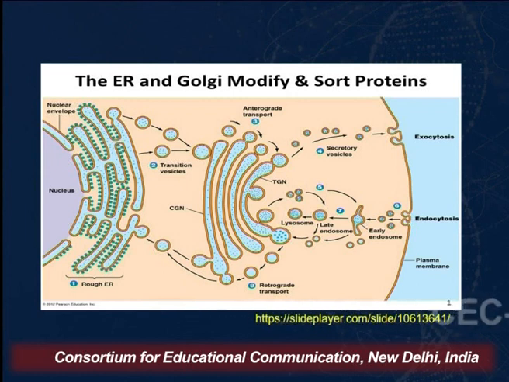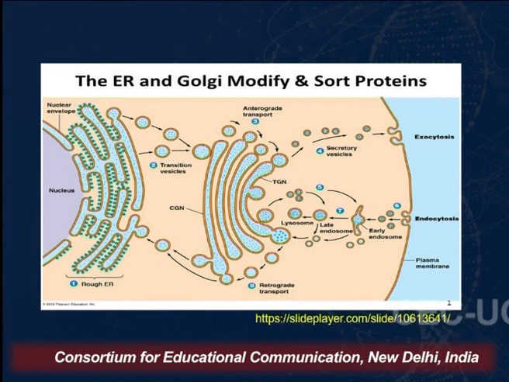Then the sorting takes place. Proteins can be enzymes, signaling molecules, or receptors present on the surface of the cell. So depending upon what kind of protein it is, the sorting takes place.